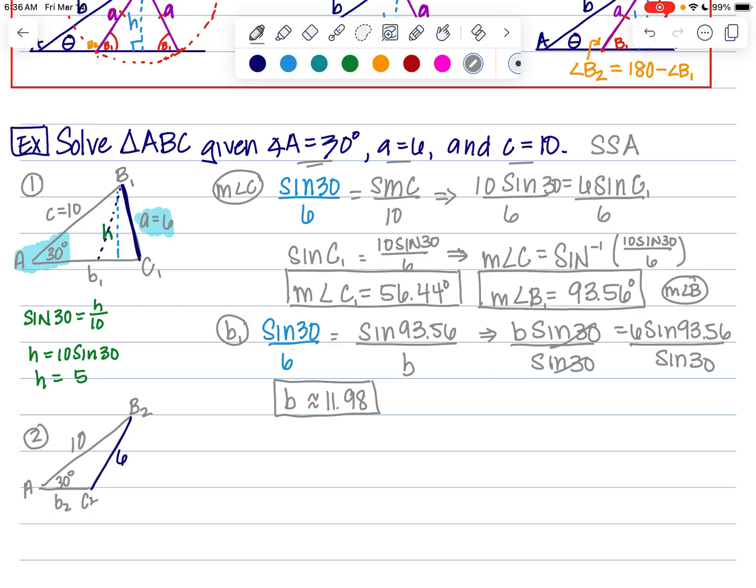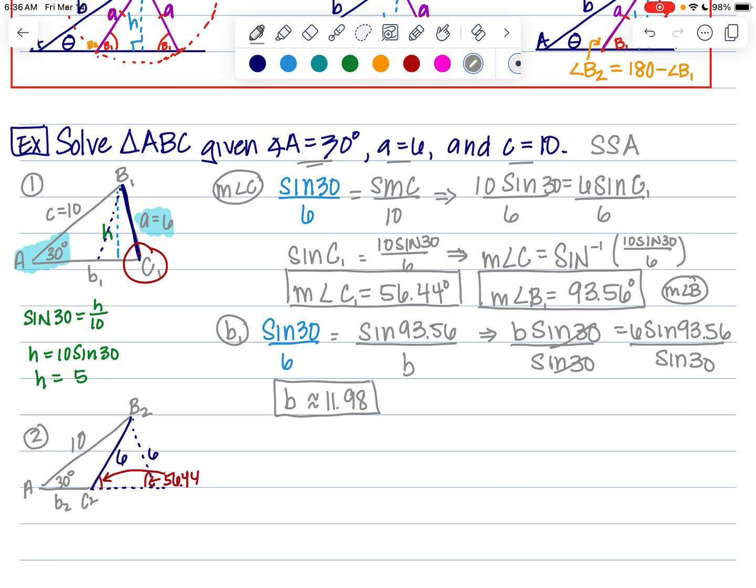But one of the things that makes things a little easier on this is that C2 is easier to find, okay? And again, why is it easy to find? In this triangle up here, if I extend this down, and this is my 6 for my original, and I extend this side over, we know that this is an isosceles triangle. And if I know that this angle right here, C1, is 56.44, that means this is 56.44, but also that is 56.44.